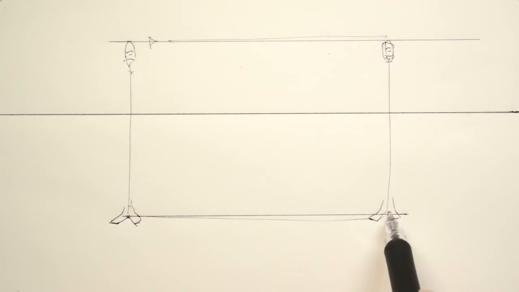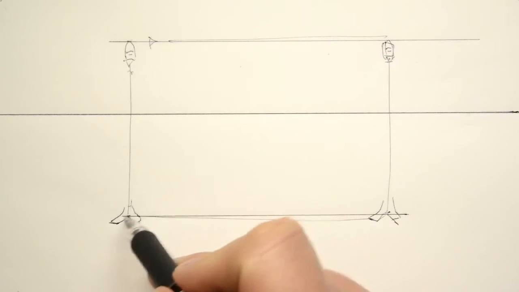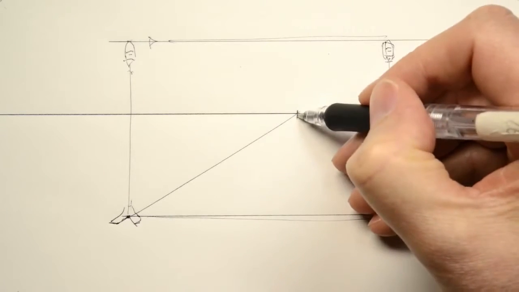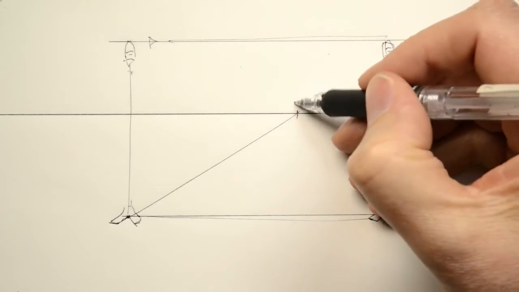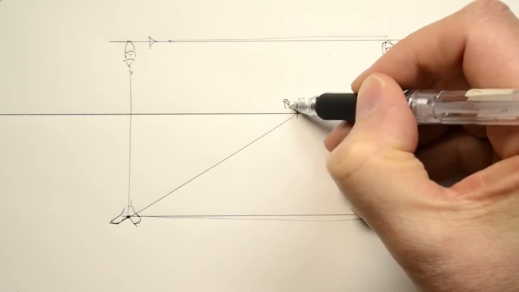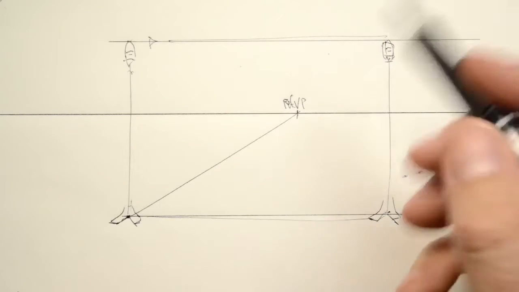But if you want to move them back into space, what you do is you draw from the bottom of the stick, the height, back to the horizon line. And that locates a vanishing point. And it's really like a reference vanishing point because you can put as many as you want. It's not fixed to having only one or two.